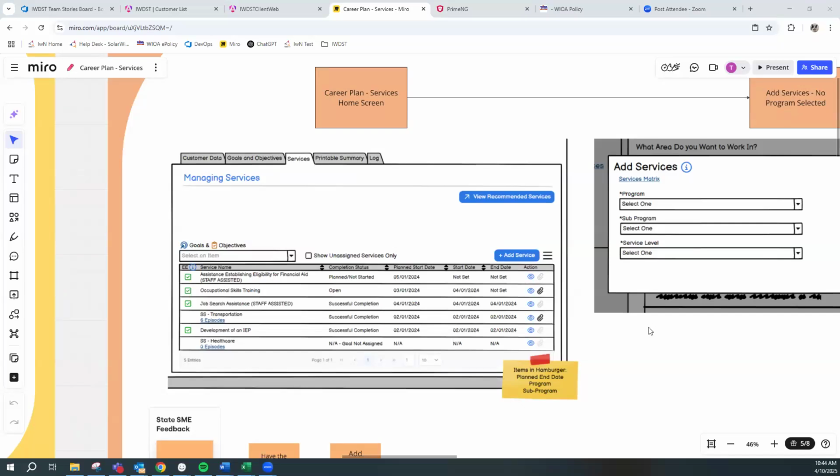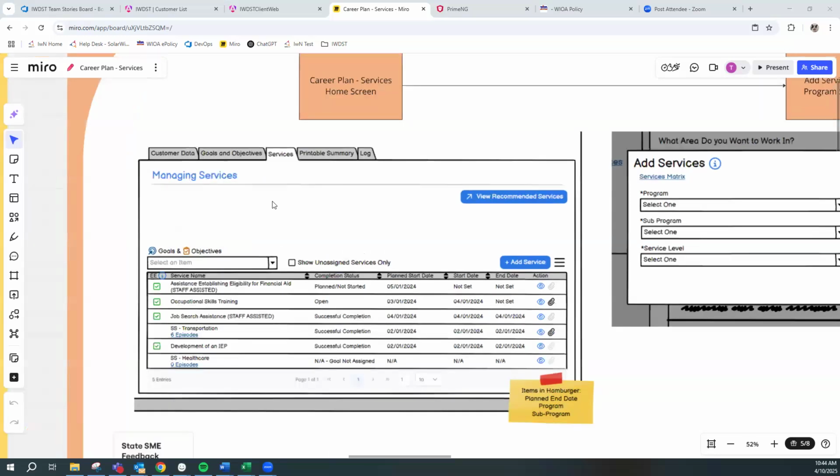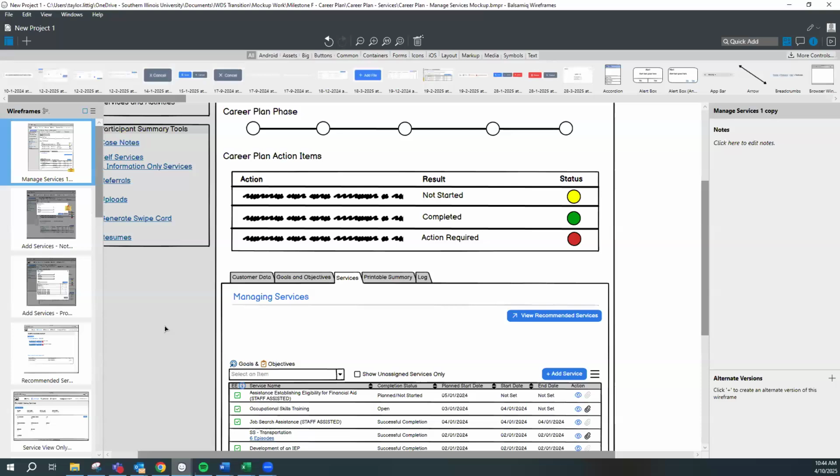So several sessions ago, some of you might have remembered us discussing service episodes. So now we're going to expand upon that and go into the whole services area of the career plan to walk through these different mock-ups, see how it would work, and get your feedback and thoughts on that.